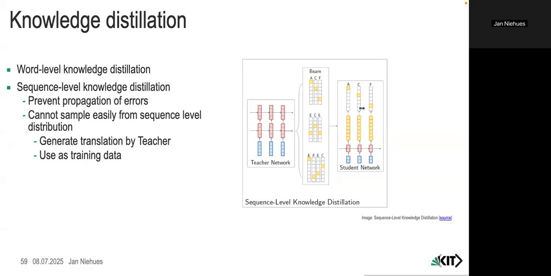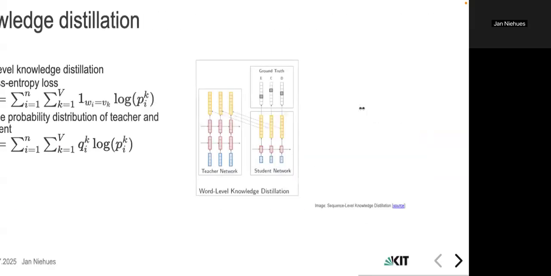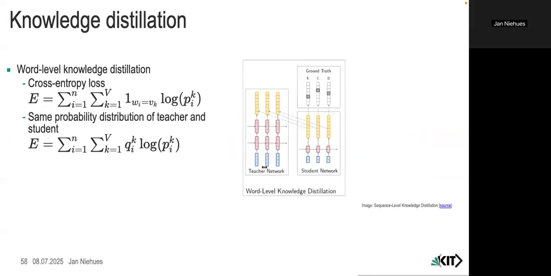It has the advantage that you're now really learning to generate how the teacher generates. It, of course, also has a bit of a disadvantage, because now you really need to do generation during training. The nice thing before was that for your teacher network, the sequence could be processed in parallel, so you don't have to do real generation.